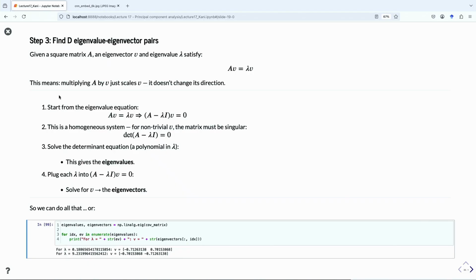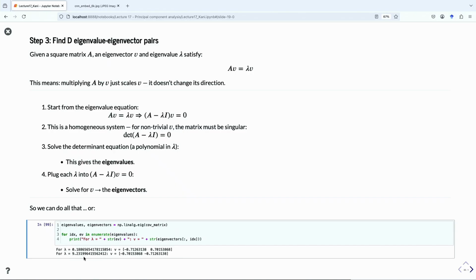We could just call, both NumPy and Torch are pretty similar. They have most of the same functions, including the eigenvector and eigenvalue function. So we could just call linalg.eig on the covariance matrix and get the eigenvectors there.